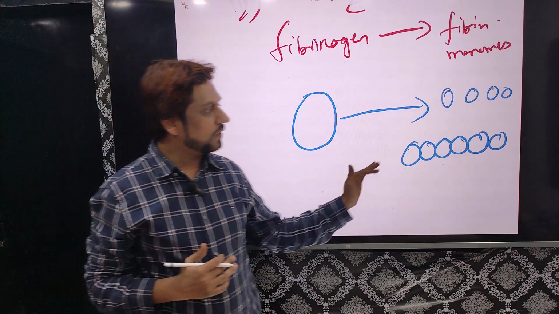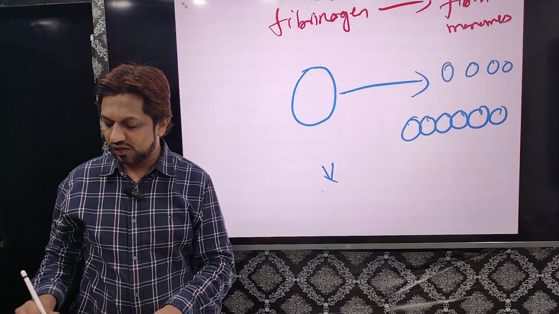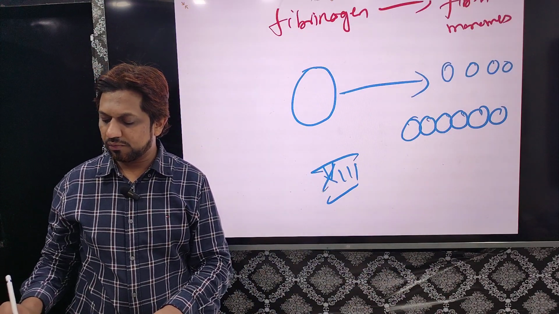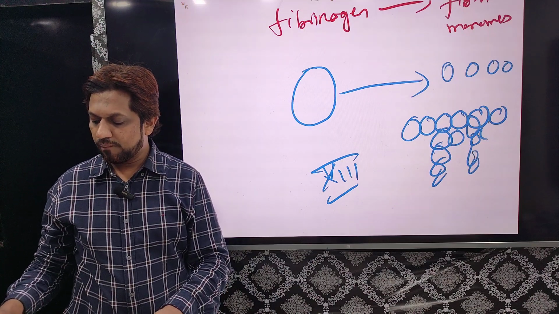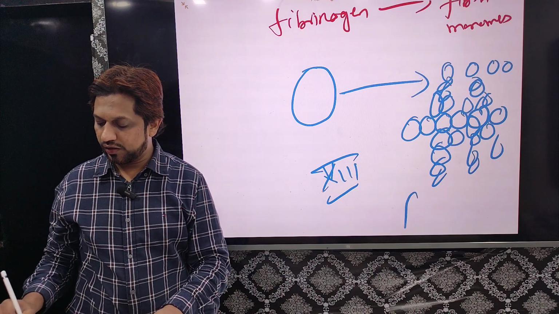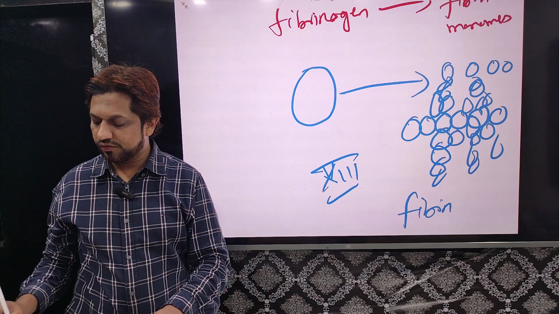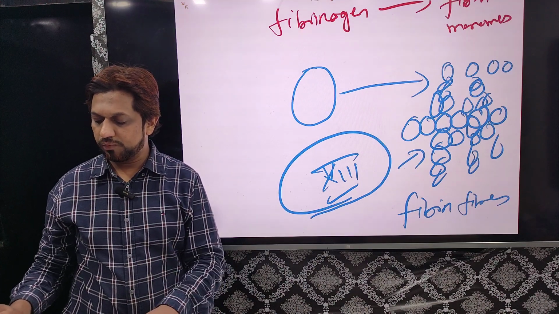This is known as fibrin polymerization, and ultimately with the help of factor 13, that is fibrin stabilizing factor, this fibrin forms a mesh network known as fibrin fibers. So fibrin fibers are formed by the fibrin stabilizing factor, calcium and phospholipid.